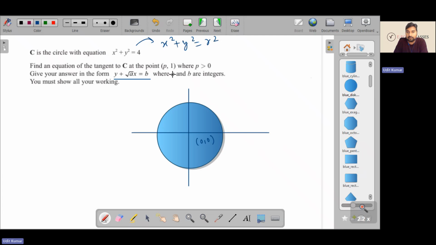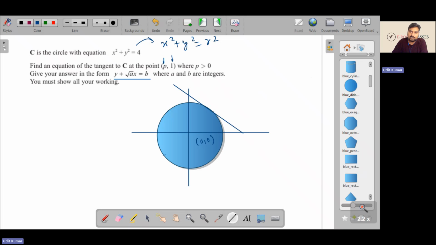Now, this point P, 1 could be anywhere. It could be here, here, here, or here. But it is given that P is greater than 0. And if P is greater than 0, that means this x coordinate is positive. 1 is already greater than 0, so it is also positive, which confirms that this point is in the first quadrant, because in the first quadrant only we have x and y positive, right?